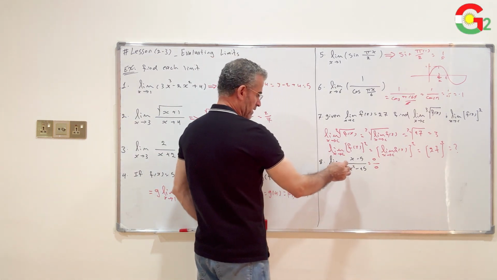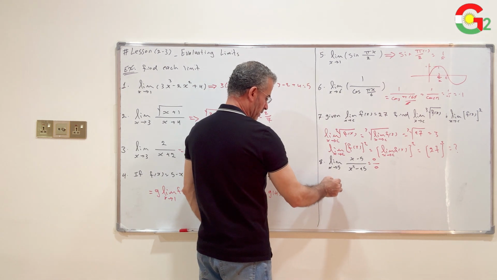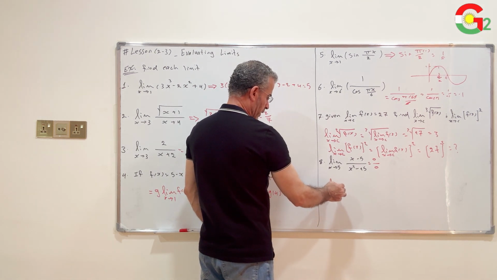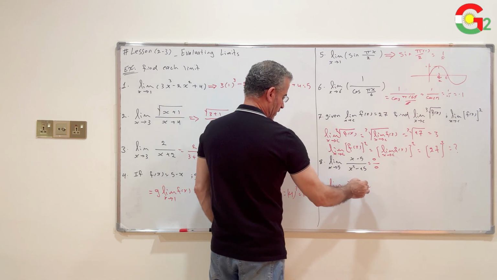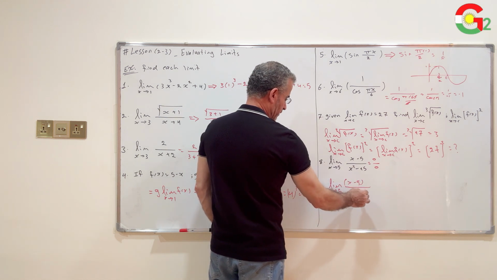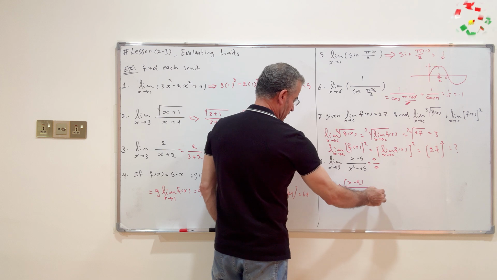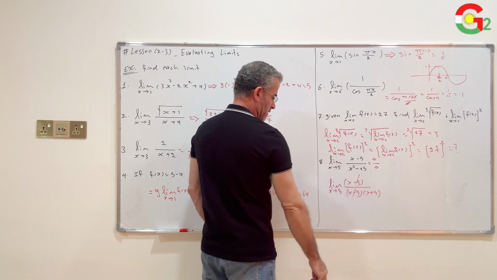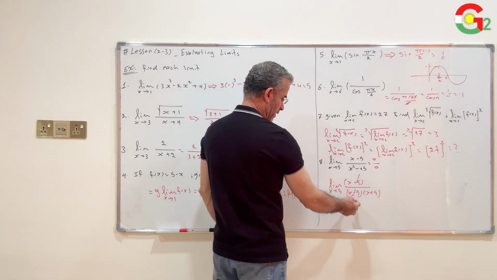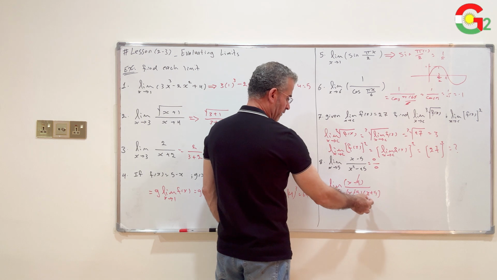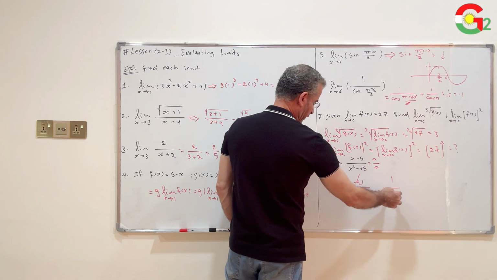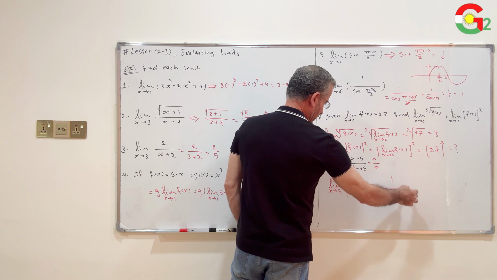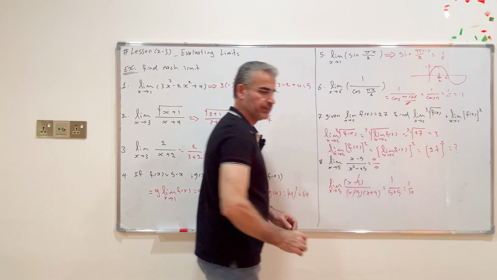But I can find this limit by factoring the denominator, a difference of two squares, as x minus 5 over x minus 5 times x plus 5. Reduce x minus 5 with x minus 5. Substitute every x with 5. The answer will be 1 over 5 plus 5, equal to 1 over 10.